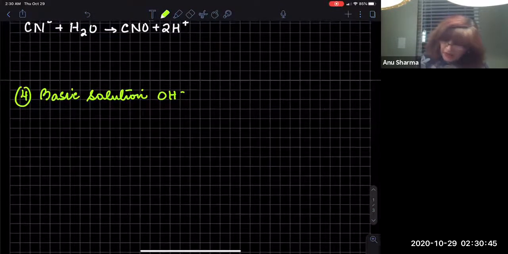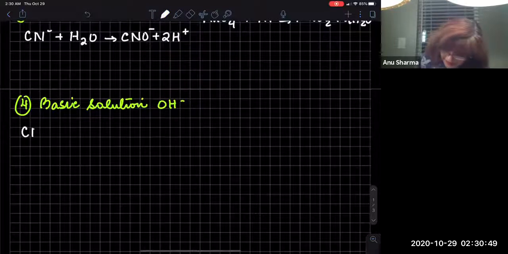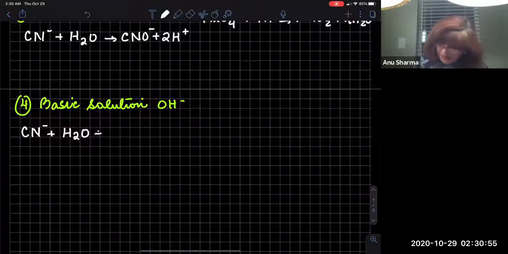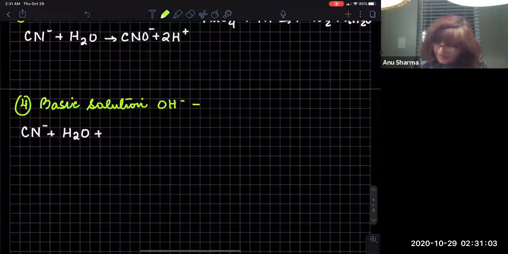Okay, so now we're going to write this again, and that is CN 1 negative plus H2O, plus, now how many OH ions are you going to add? You're going to add as many OH ions as there are hydrogen ions.